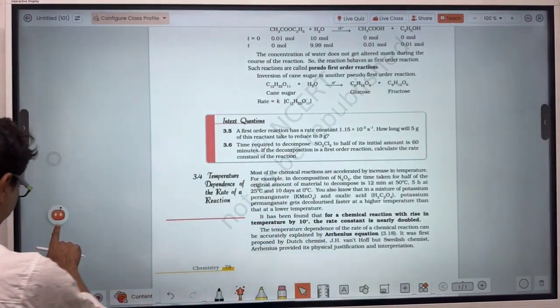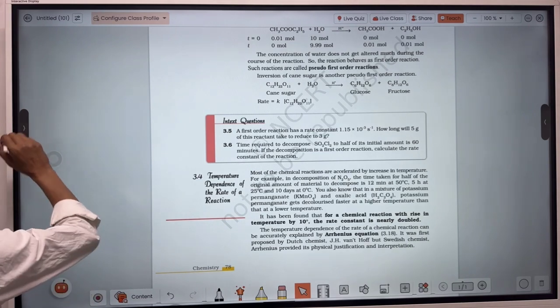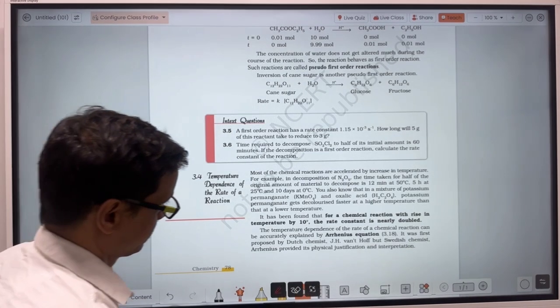So here the concept is already given that on increasing the temperature, the rate of reaction increases.